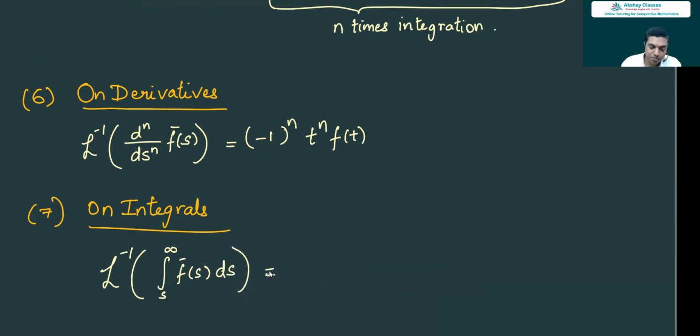So this is division by t. One time integral is f of t upon t. Multiplication by t is derivative. Division by t is integral. So inverse also works like that.